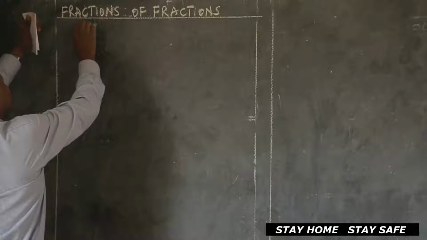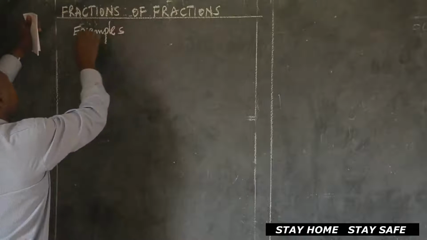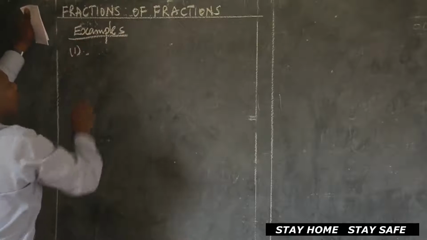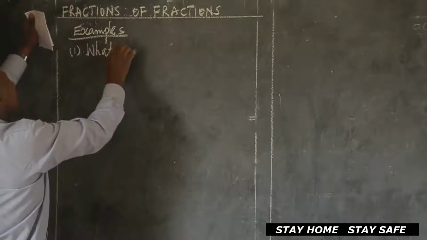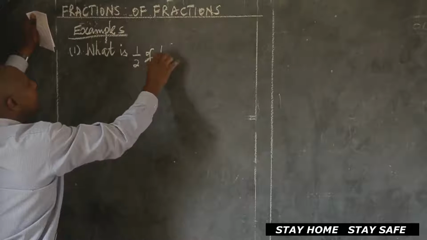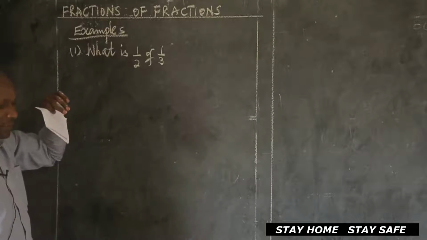If I take you through some simple examples here, I want you to watch so well and study this. Somebody is saying, what is a half of a third? Hope this one is so simple.